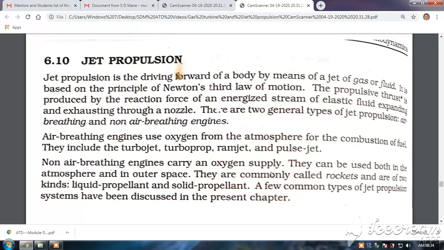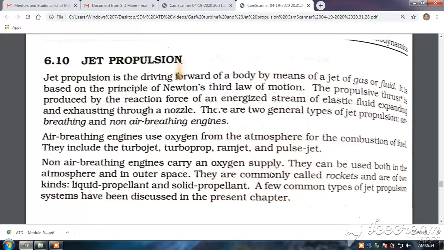See, Newton's laws of motion, third law of motion says that for every action there is equal and opposite reaction. So jet propulsion is based on the principles of Newton's third law of motion. The propulsive thrust is produced by the reaction of an energized stream of elastic fluid expanding and exhausting through a nozzle.